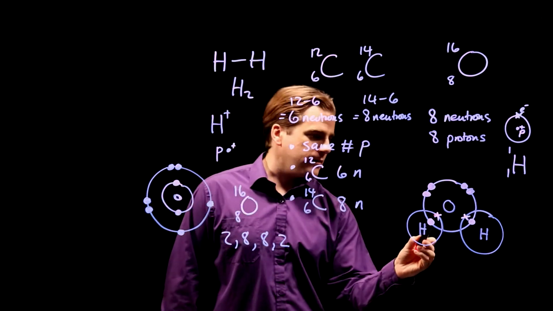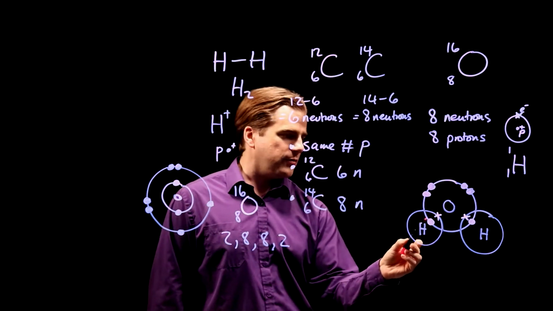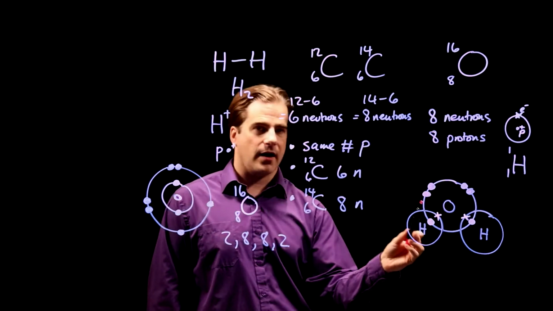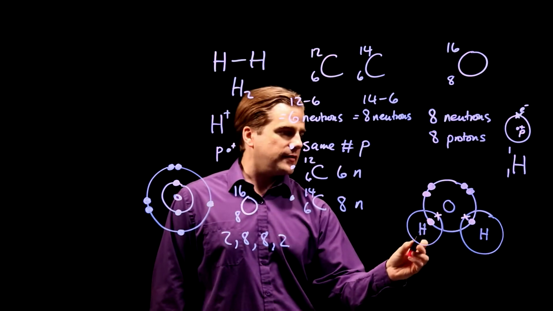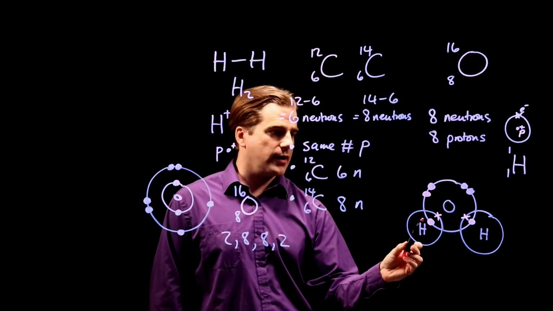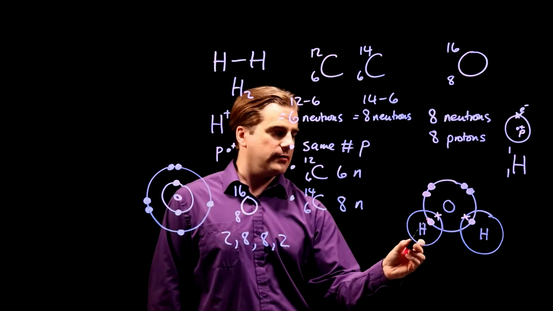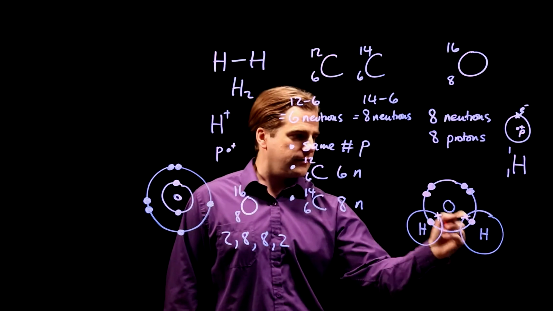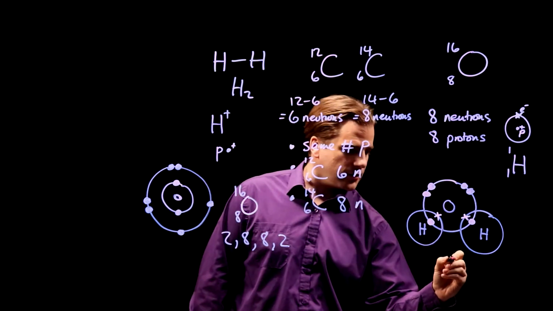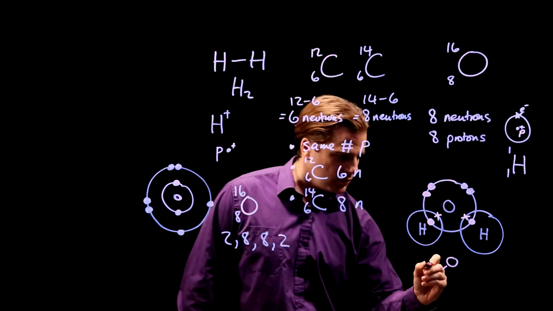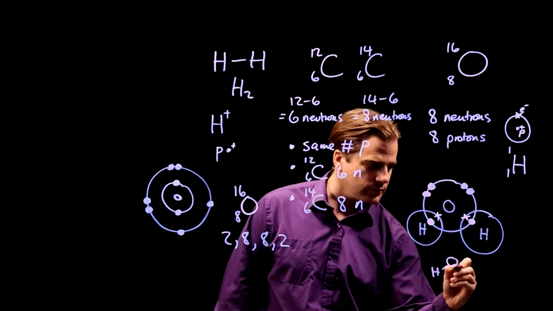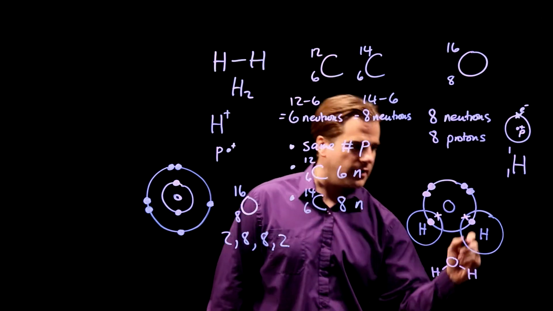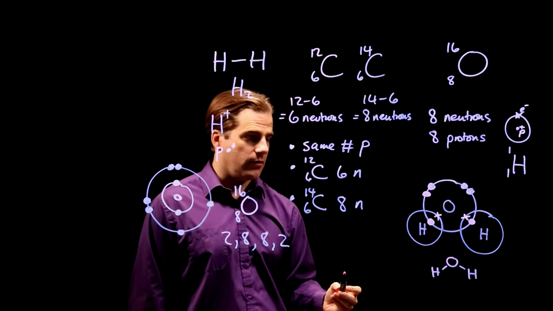Okay, now these 2 electrons, one provided by the oxygen and one provided by the hydrogen, that's a covalent bond. Okay, a single covalent bond. So this water molecule can also be drawn like this. Okay, it's a water molecule, it's H2O.